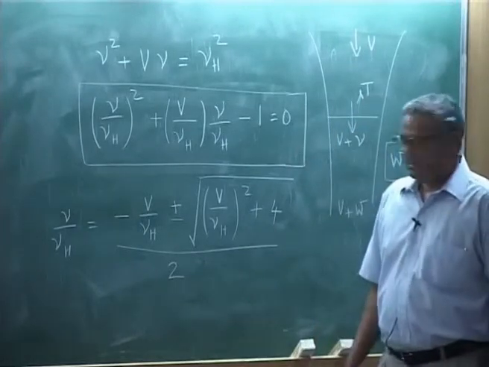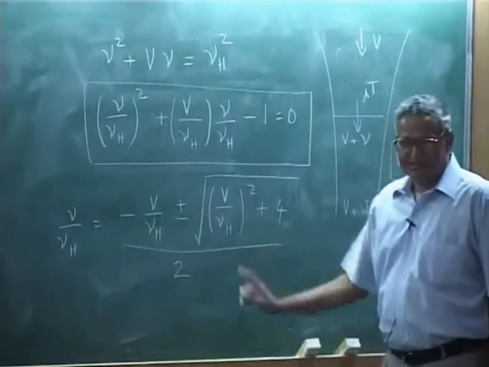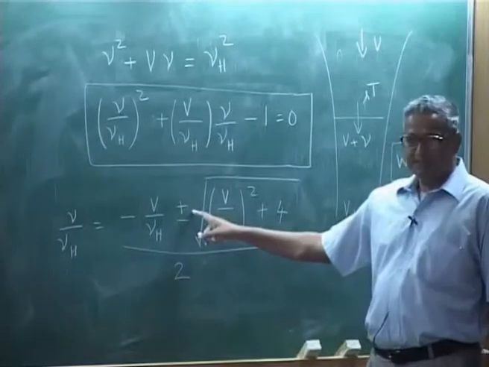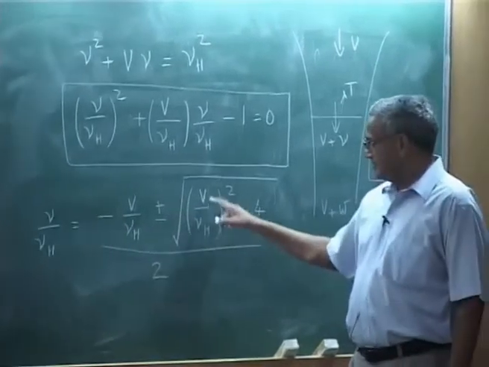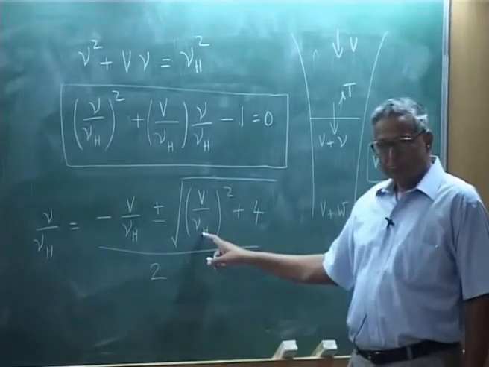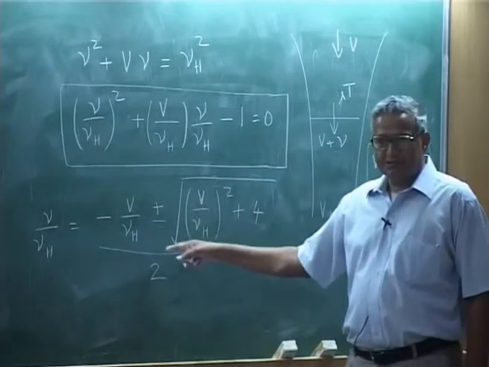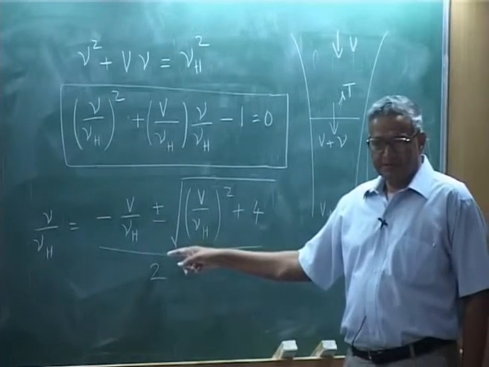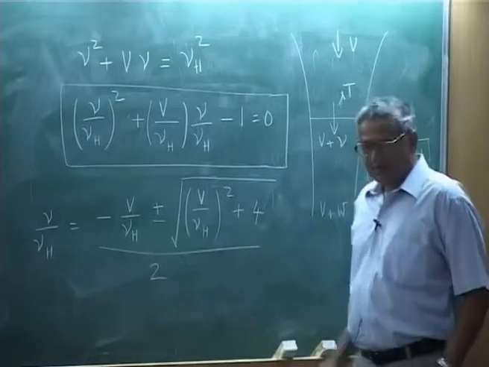Okay. Now you take out, simplify this, because you take the 4 outside, and then this will be V by, this 2 will cancel out. Okay. And here you will put V by 2H.